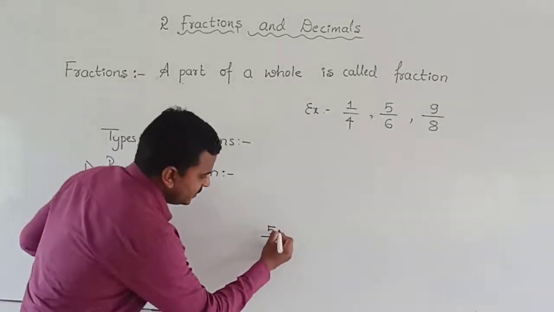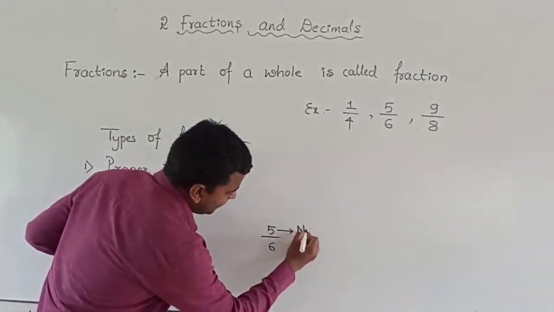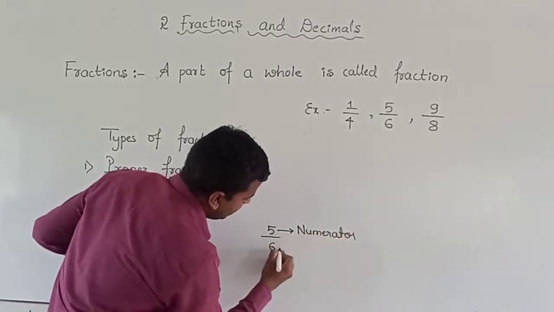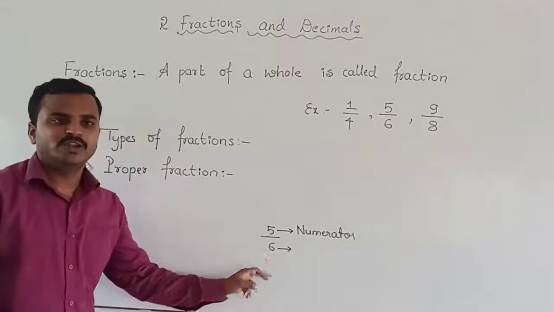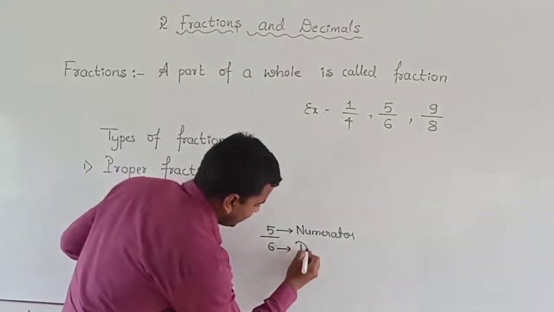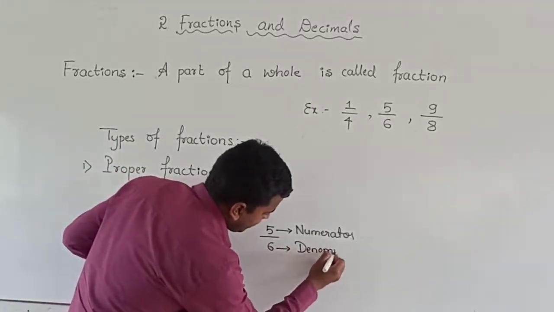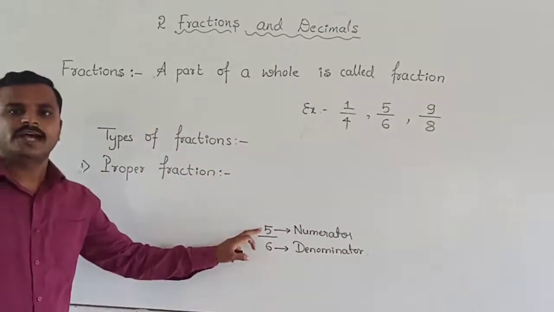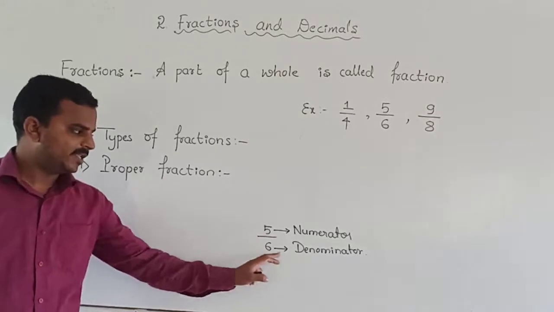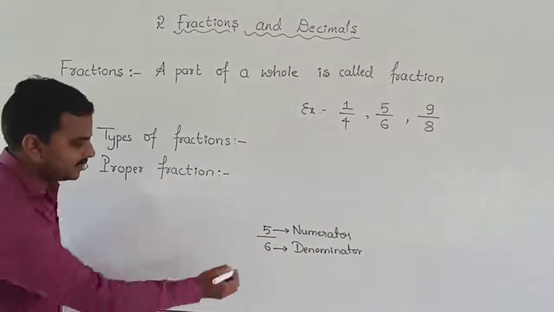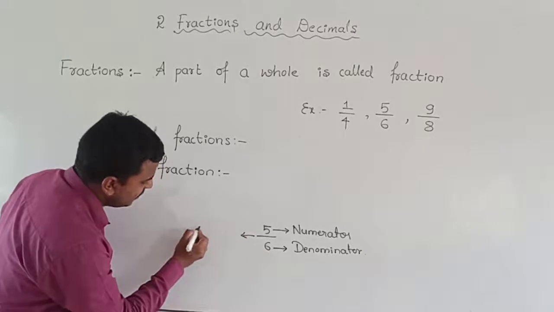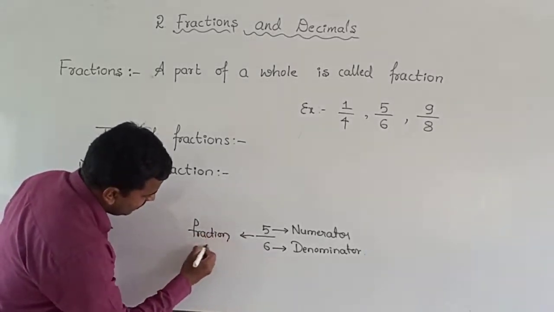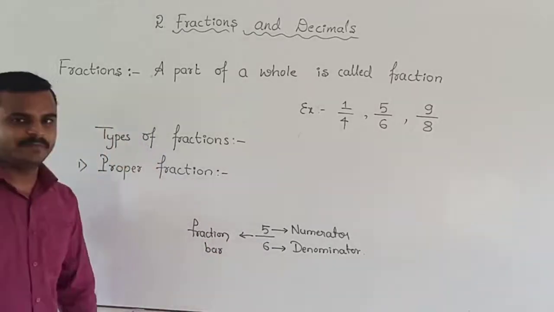See, this above number is called the numerator, this below number is called the denominator, and this line is called the fraction bar.